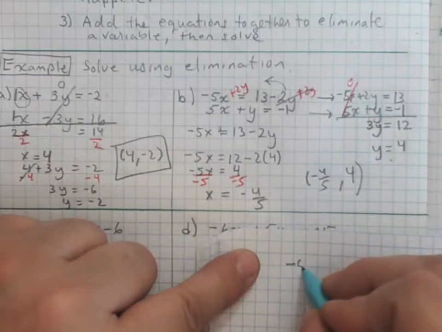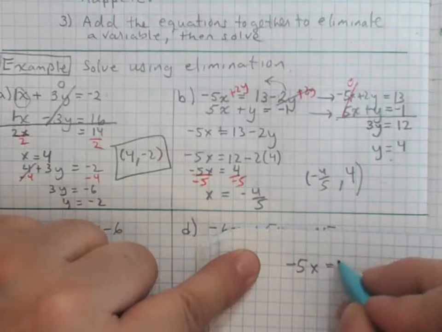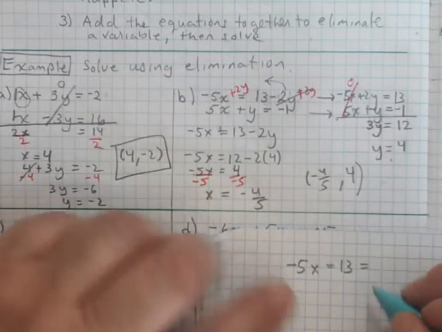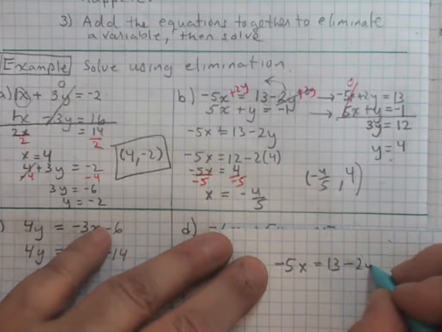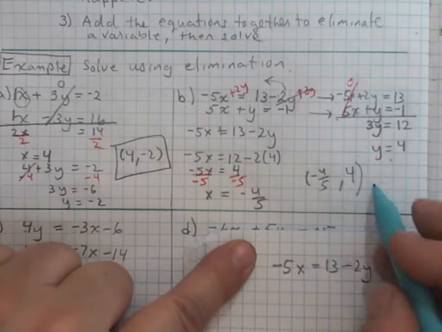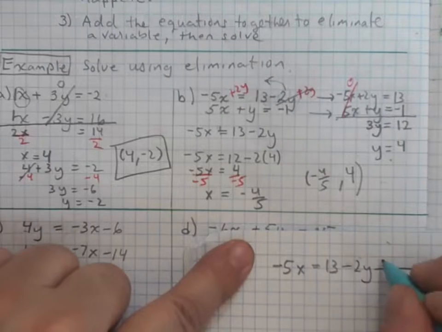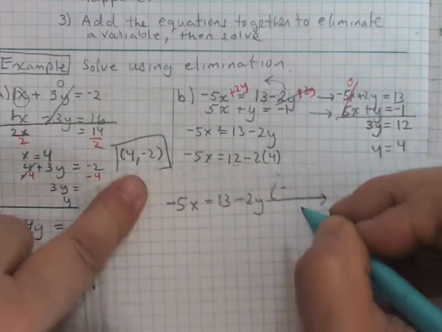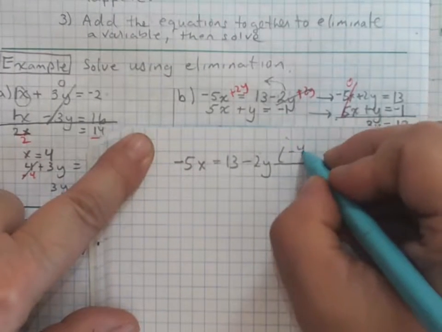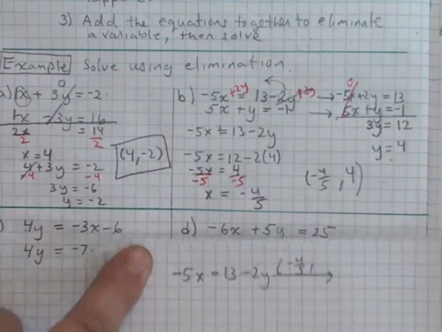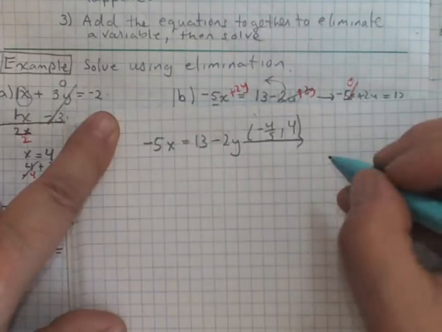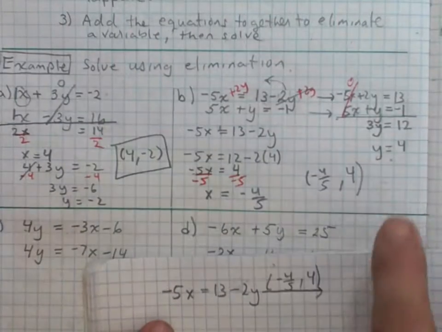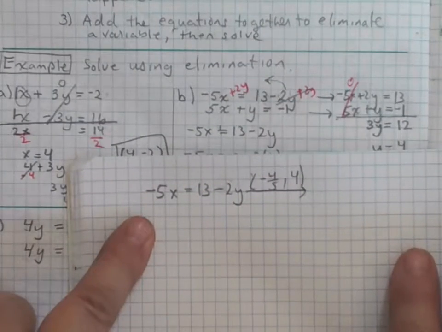So if I plug in, I'm going to start with this equation, and I'm going to see if it's a solution. I'm rewriting the first one, minus 2 times y, and I'm going to plug in those values. Negative 4/5, comma 4. That was my solution. All right, so just verifying the signs. Yep, okay.